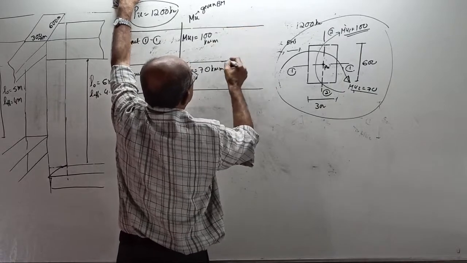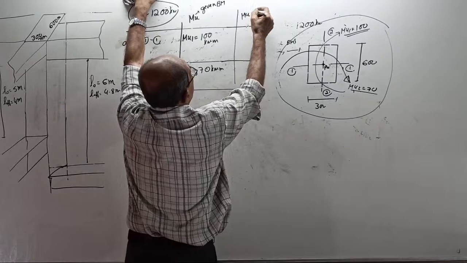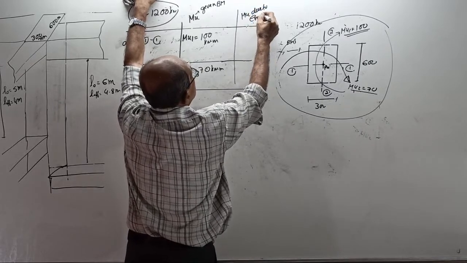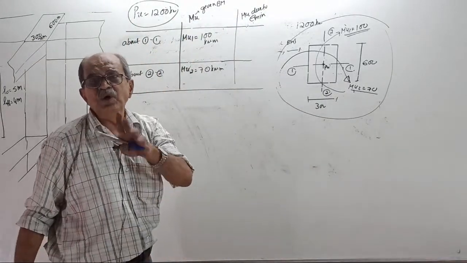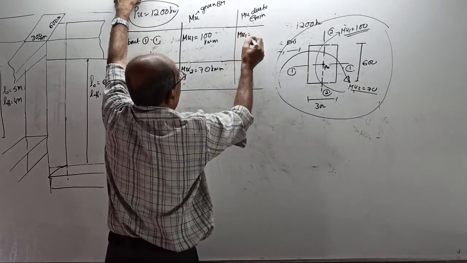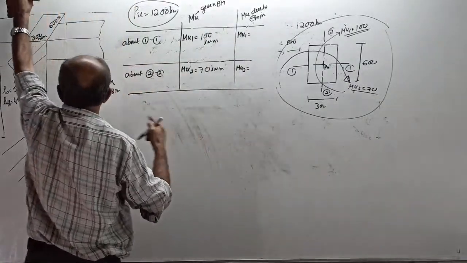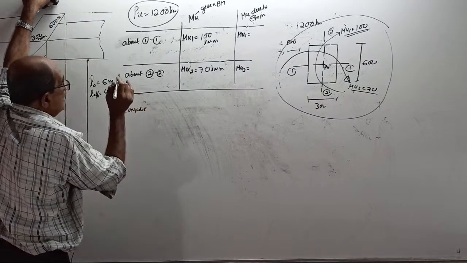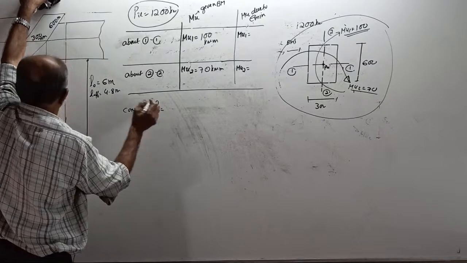Now I want MU due to E minimum. Means once again MU1 and MU2 corresponding to E minimum. Start. First consider L0 equal to any one first.